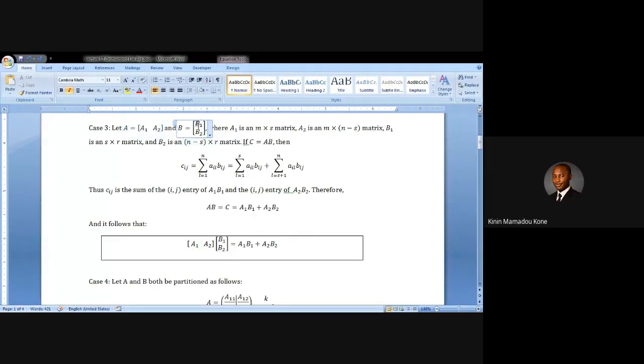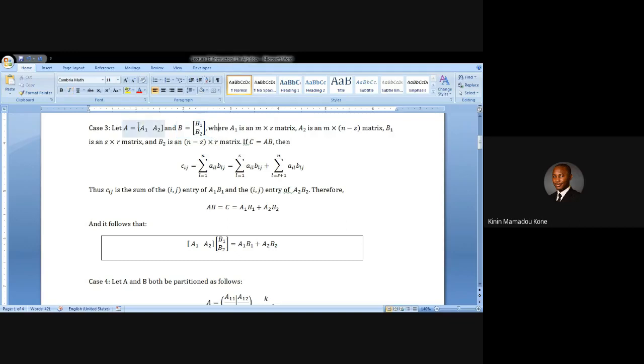So B1 is a matrix and B2 is another matrix, where A1 is an M by S matrix, A2 is an M by N minus S matrix, B1 is an S by R matrix, and B2 is an N minus S by R matrix. Now notice something.